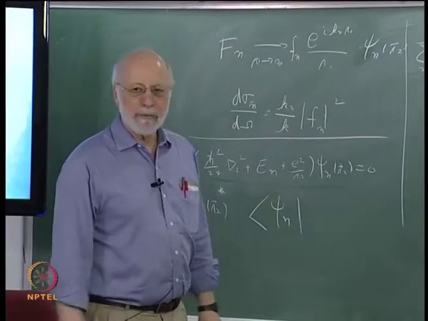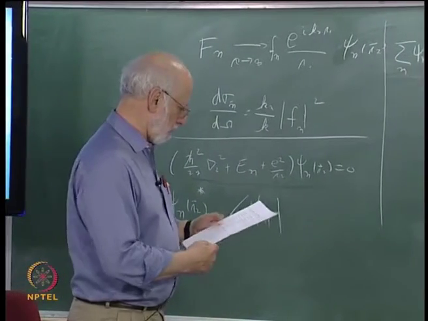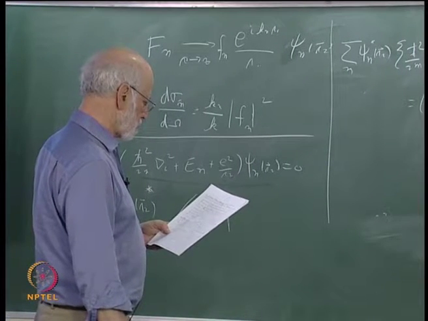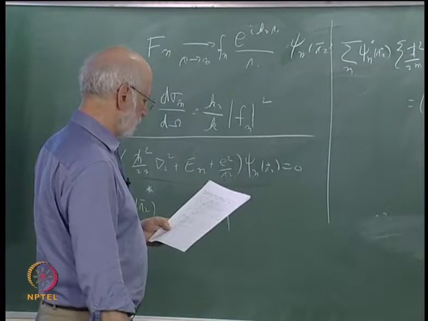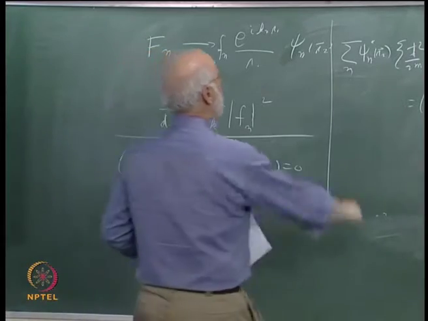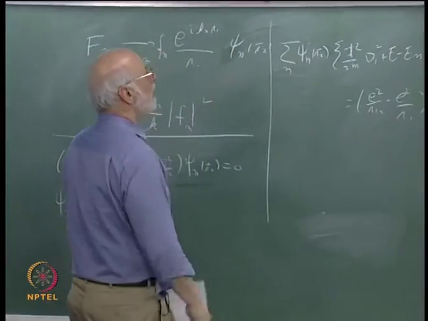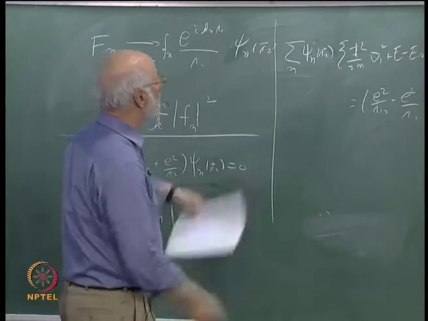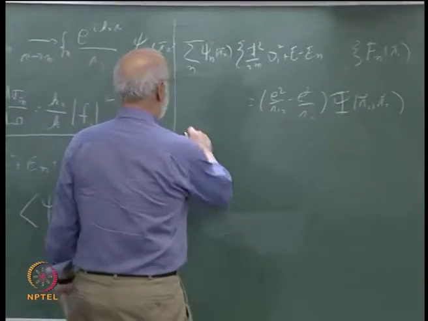Okay, to get rid of this now, no, I haven't even multiplied by the star yet. Okay, now I multiply by psi n star, and I integrate. This just gives me 1, and I get what?